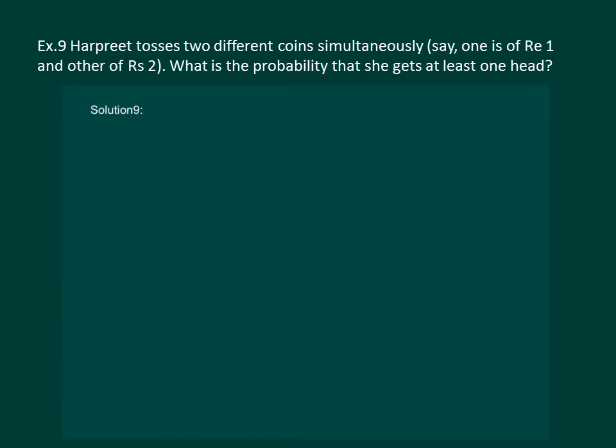To solve this question, let us write capital H for heads and capital T for tails. Then the possible outcomes of tossing the coins simultaneously will be either getting both heads, one head and one tail, tail and head, and both tails.